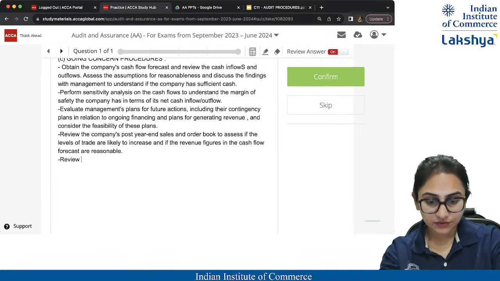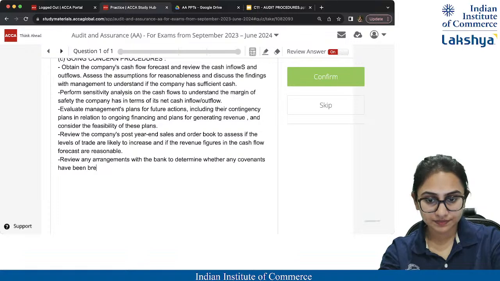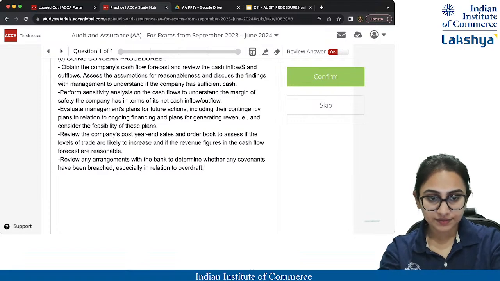So you can say review any arrangements with the bank to determine whether any covenants have been breached, especially in relation to overdraft, right?